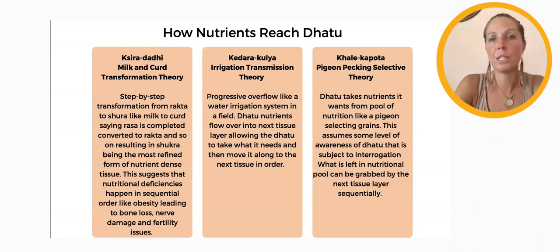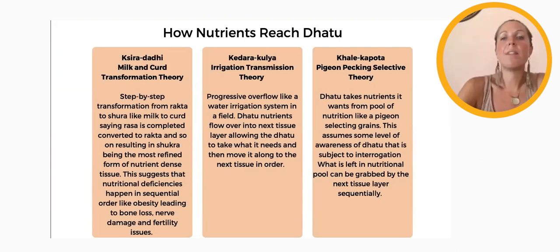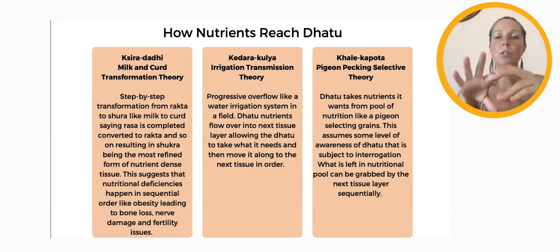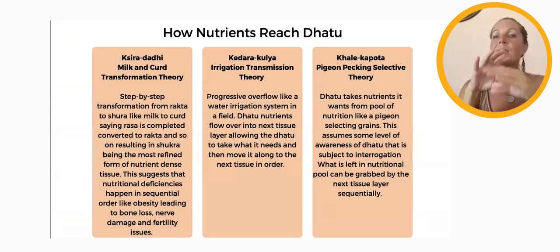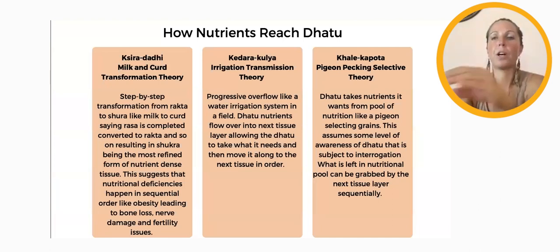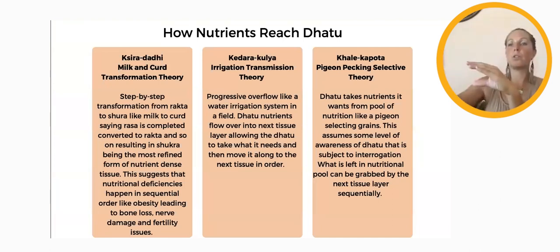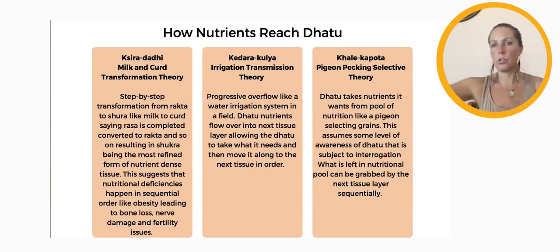The irrigation transmission theory of how nutrients reach dhatu is that there's a progressive overflow, like water irrigation in a field. So dhatu is nourished by the nutrients, what's left flows over, tissue by tissue by tissue. Again, from rasa to shukra.